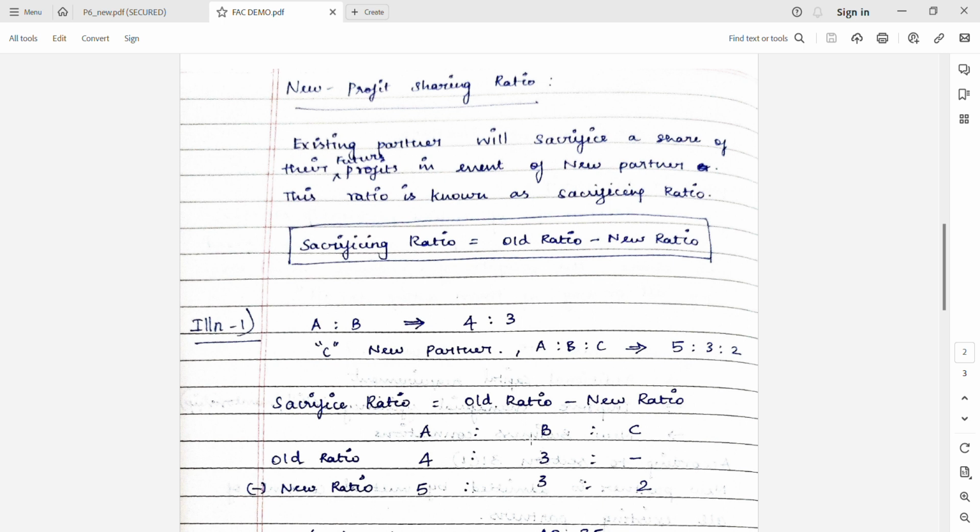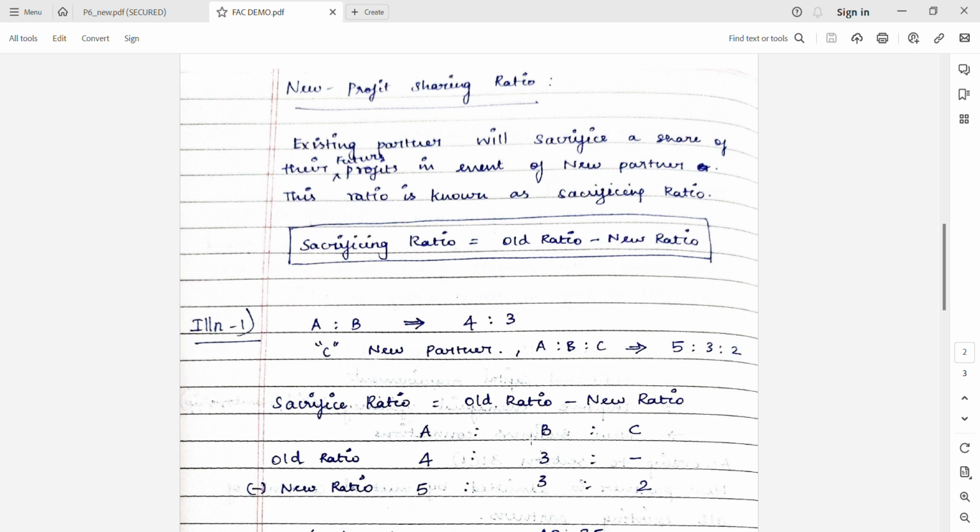Some partners can say that they will remain in their share and will not sacrifice anything. Their share will not change. Those partners are not sacrificing partners. The partners who sacrifice their share of profit in the future are known as sacrificing partners.